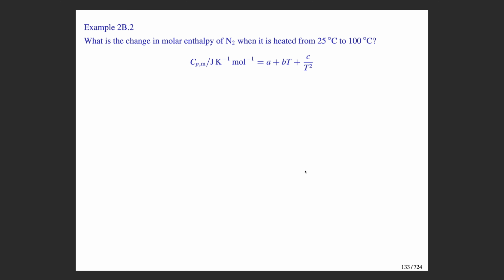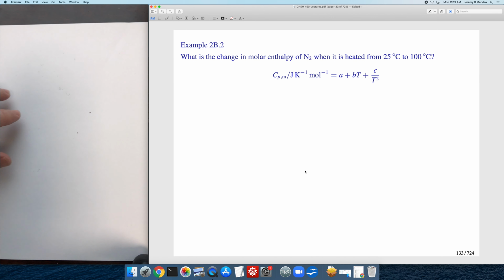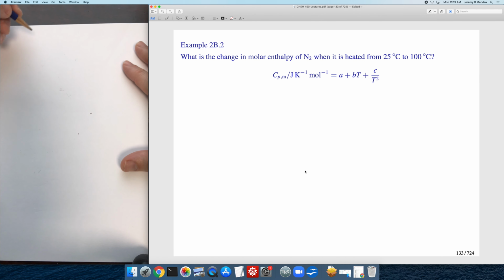What is the change in the molar enthalpy of N2 when it is heated from 25 degrees Celsius to 100 degrees Celsius? I'm going to complete part of the problem, but I'll leave the rest, the numerical details, as an exercise for you. What I will show you is how you calculate an infinitesimal change in the enthalpy for constant pressure processes.